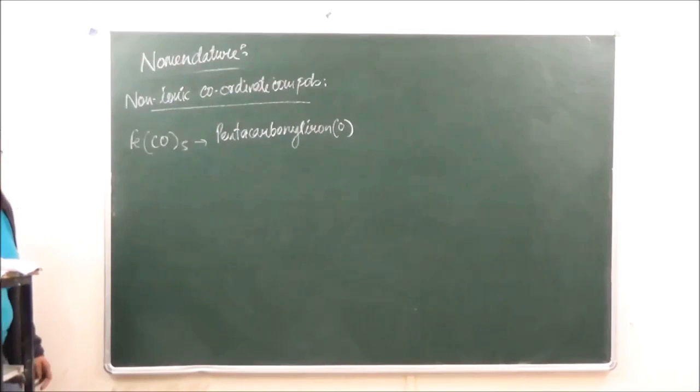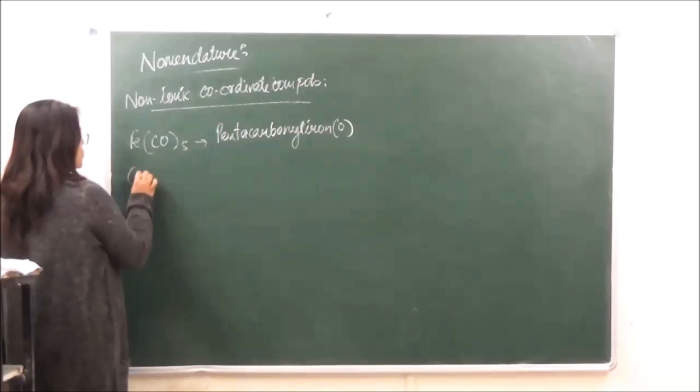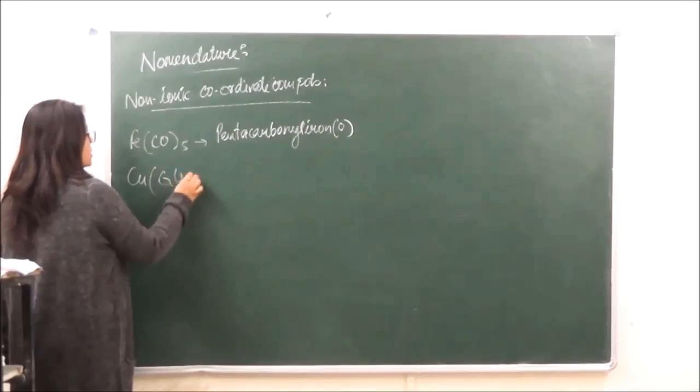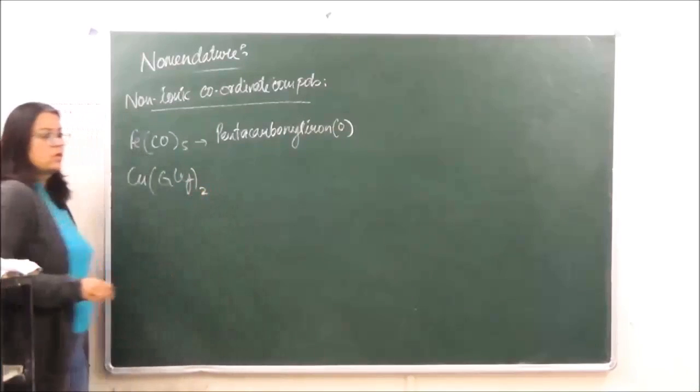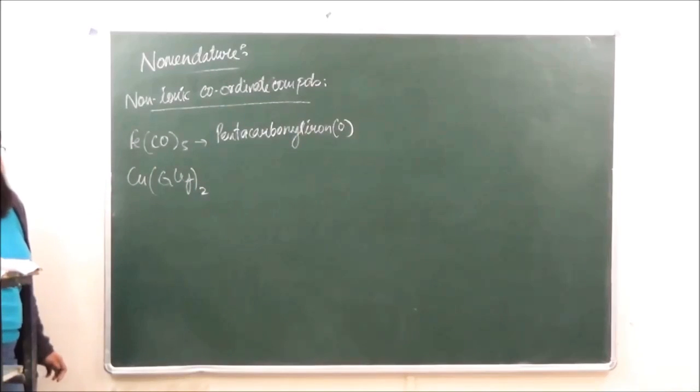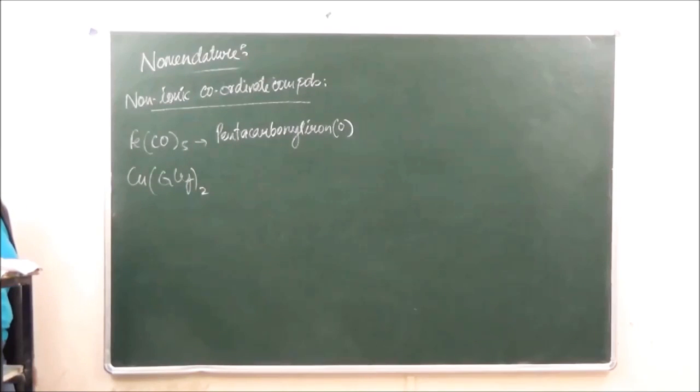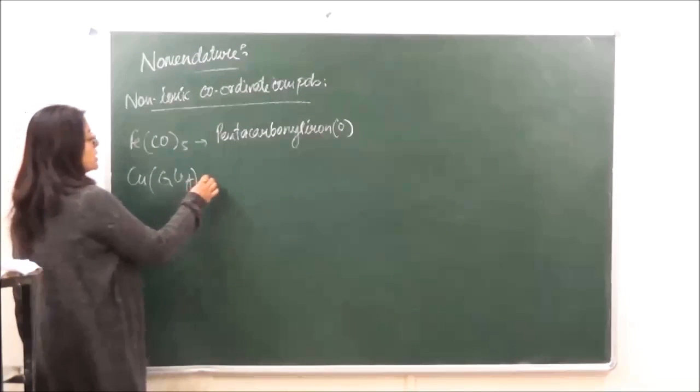We're taking another example over here. Suppose this is the compound given to you. So GLY is going to be the glycinate ion. So there are 2 glycinate ions.